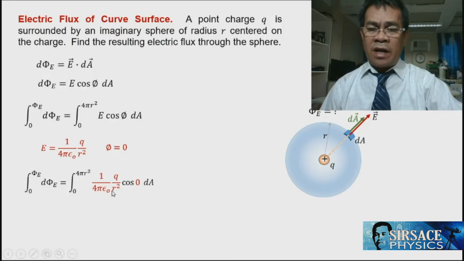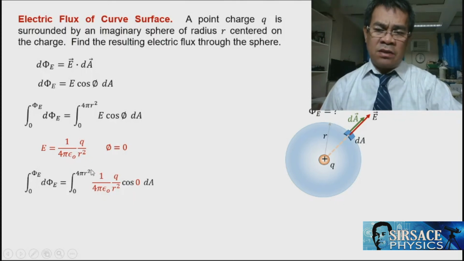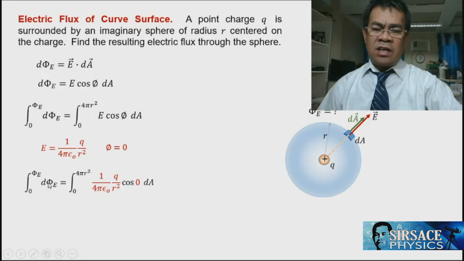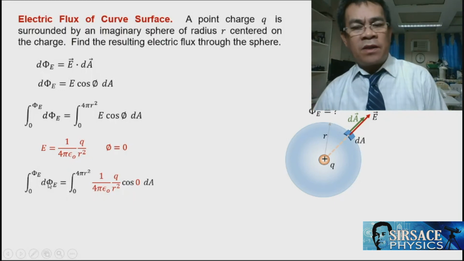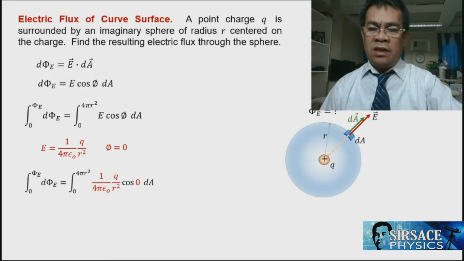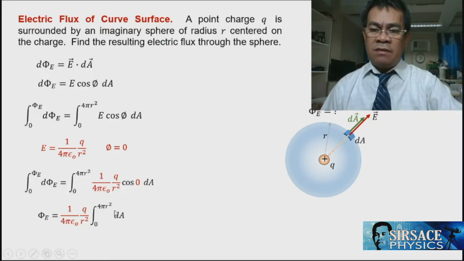So we run this calculation ranging the area starting from 0, then expand it until the area becomes 4 pi r squared. So with that, we are calculating the electric flux in the entire area of the surface.